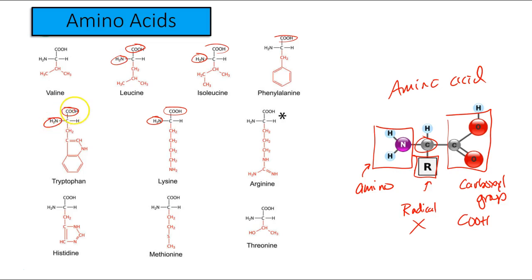Both the amino group and carboxyl group are attached to the center carbon in every case. It still has a standalone hydrogen attached to that center carbon in every case. But it has a very unique radical group on every amino acid, which makes every amino acid different. Structure dictates function. If you have a different structure, you're going to function differently.